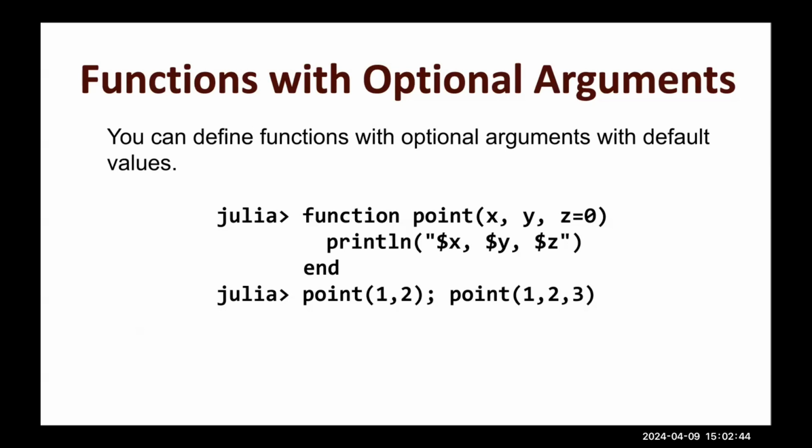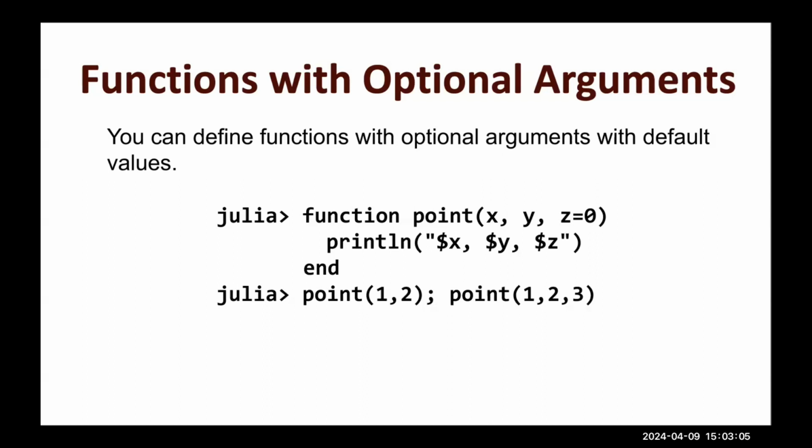The user is not required to provide input for it, so that makes that argument optional. You may also treat optional arguments as those that have default values in the definition of the function. So that's the same thing.